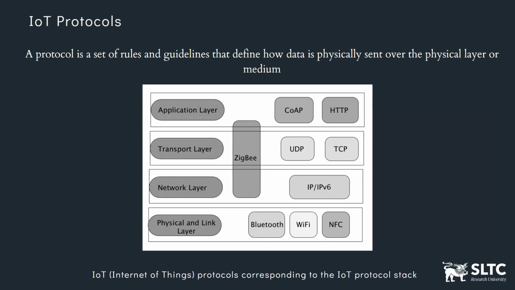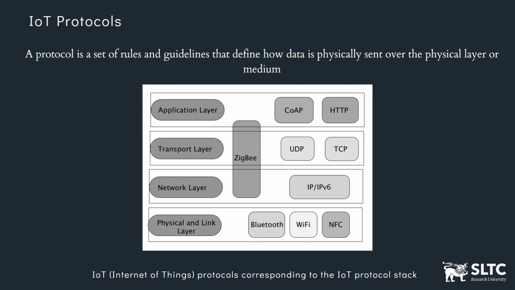So when we take into consideration the next part, which is the IoT protocols, the IoT protocols define how the communication between the things and the local server, and also next the cloud, and so on, happens in an IoT network, right? So IoT protocols define how the data is physically sent over the physical layer in an IoT network.